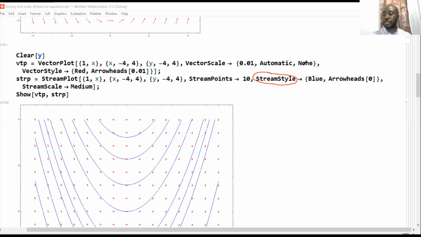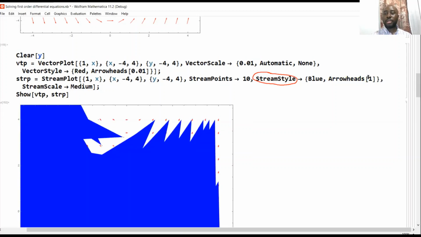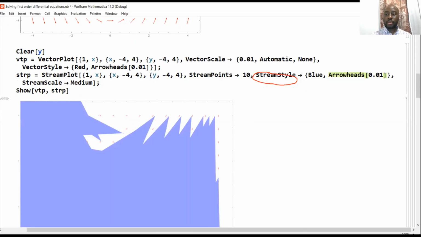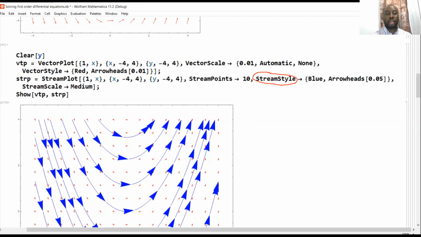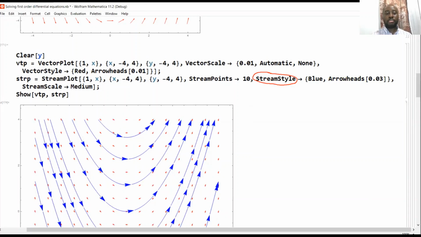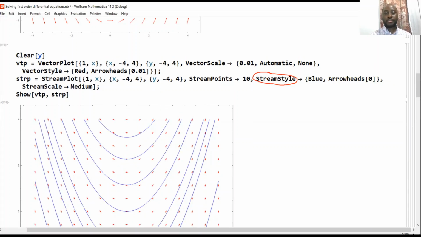For example, I can set this to 1. And then, oh, that's too big. So let's make it 0.01. Now, notice that it's drawn arrowheads on my solution curves just to show me what direction my curve is moving in as x values increase. So you can do that or not. You can just set this to be 0, and then there are no arrows on your solution curves.